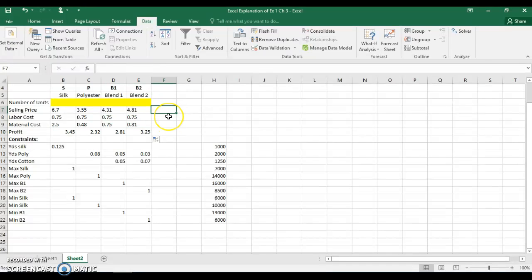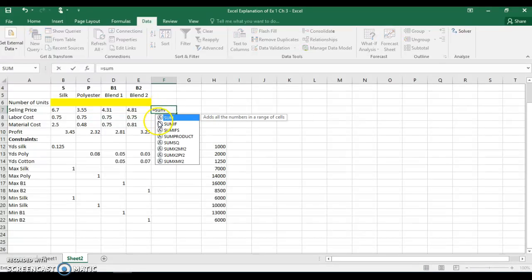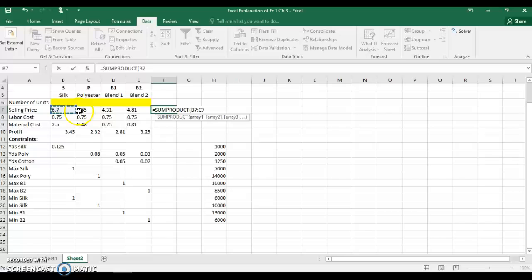Now over here, we also want to find out the sum product of all of these that will go into here, okay? So the way we do that, we start with our equal sign, and we want to start typing in sum product, and you can see it here. You double click on sum product. We want all of this row, comma, to multiply by all of the unknowns here, okay?